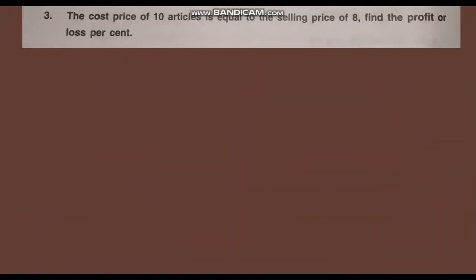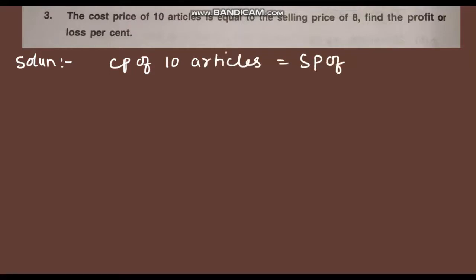Now let's see the next question. The cost of 10 articles is equal to the selling price of 8. Find the profit or loss percent. Children, just write down the first statement and from there itself we shall be able to solve the question. See here, the first statement is CP of 10 articles equal to SP of 8 articles.